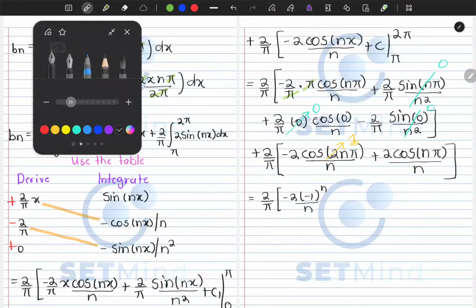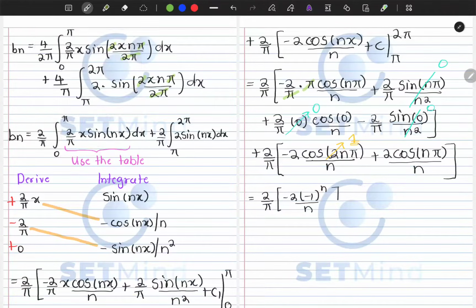Then we will have plus 2 over pi into that component, which will be 1, so we'll have negative 2, and then plus that other component, which will be 2 into negative 1 to the power of n. This is divided by n, and that is also divided by n.